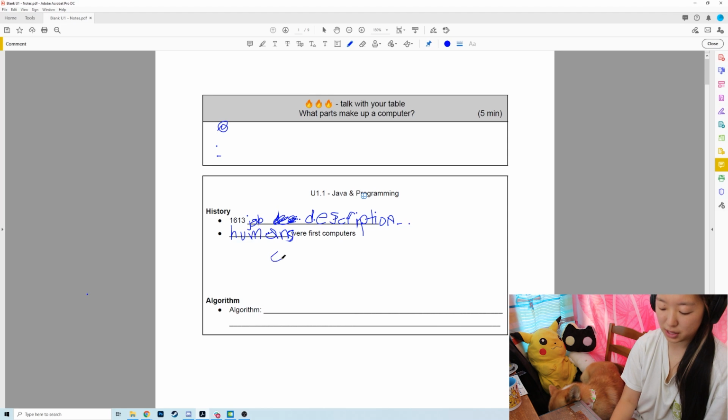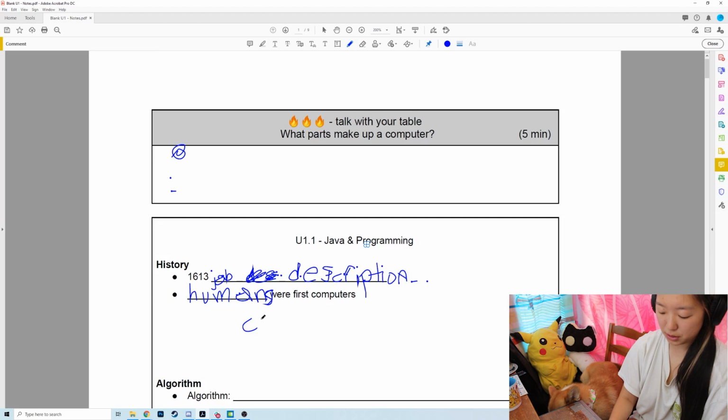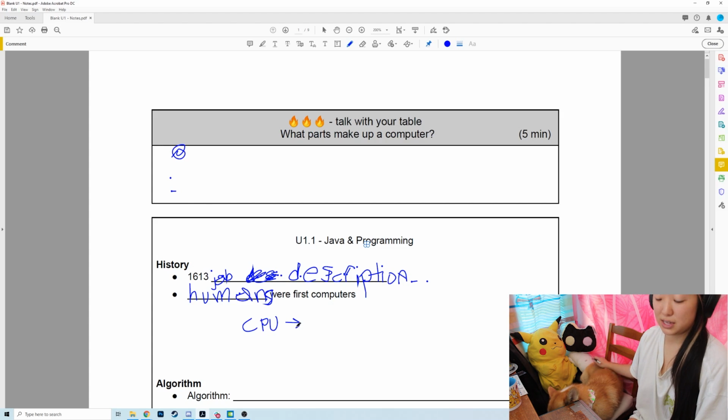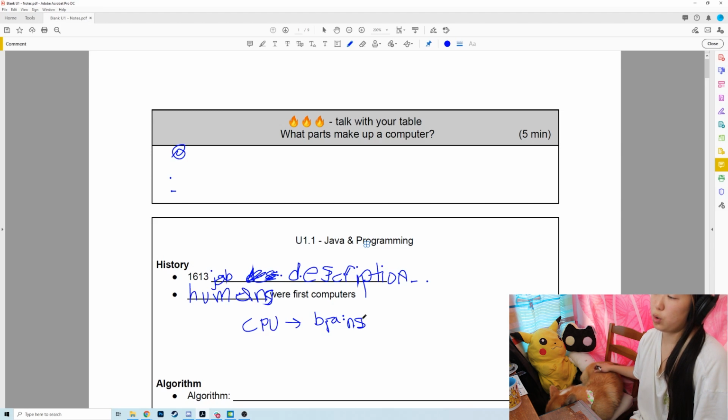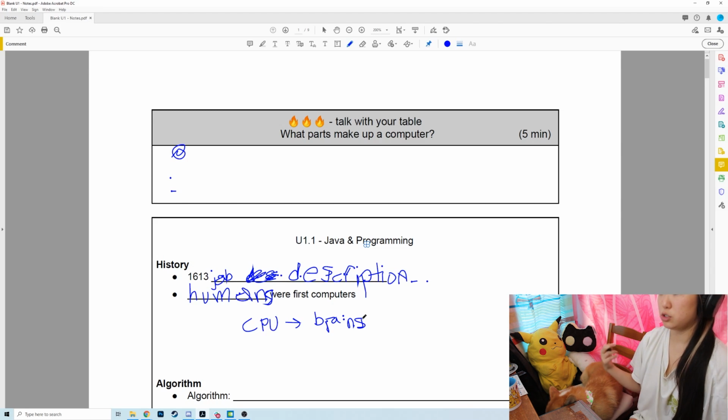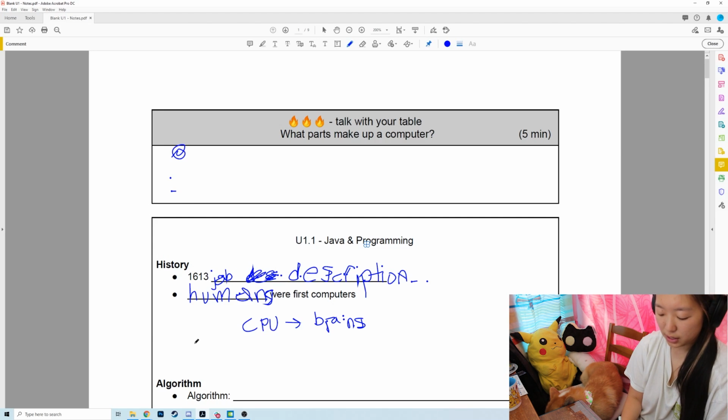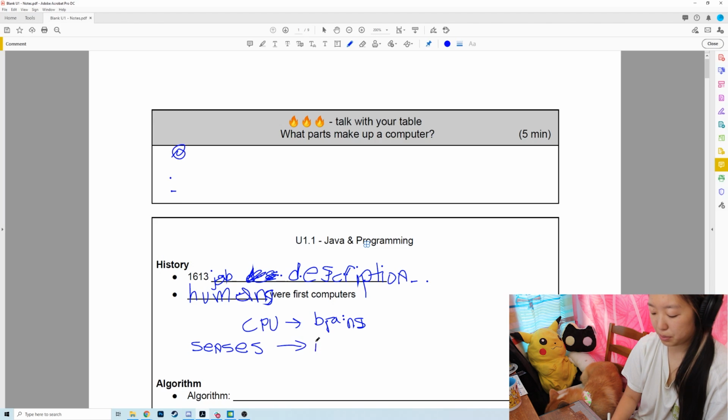So the first thing you can think about is the CPU. The CPU, central processing unit, is like our brains, right? Humans would also use their brains to calculate stuff, but then they'd use their eyes, their ears, and their sensory organs, your senses. They would be like whatever you input.